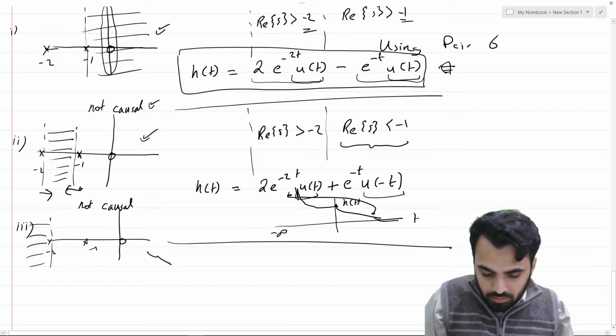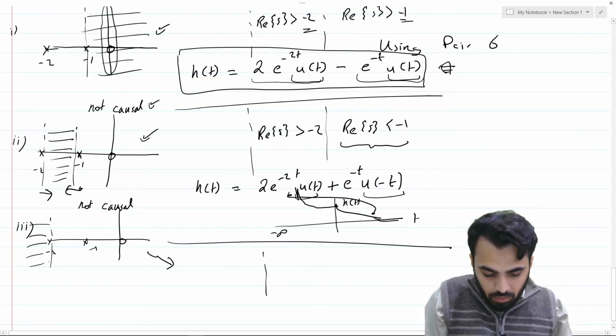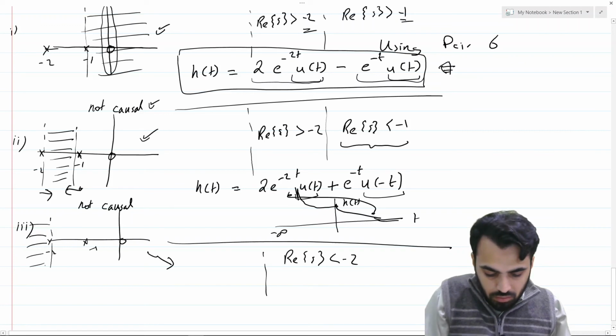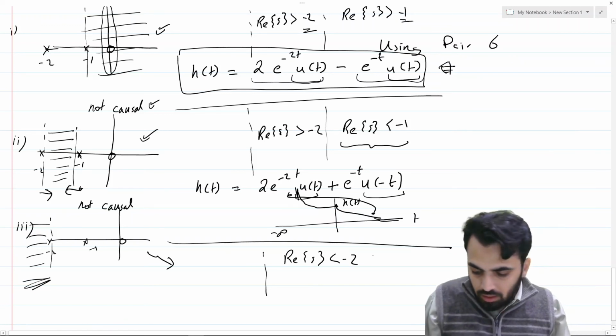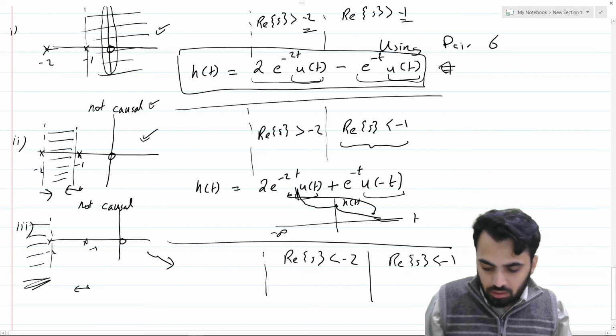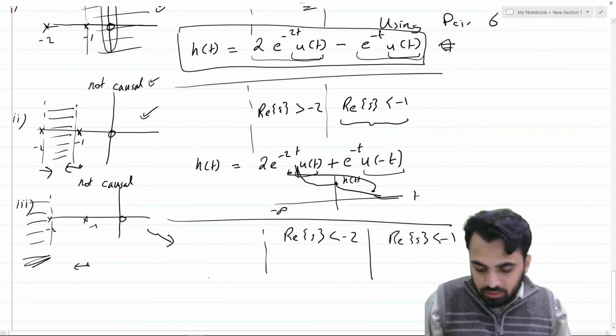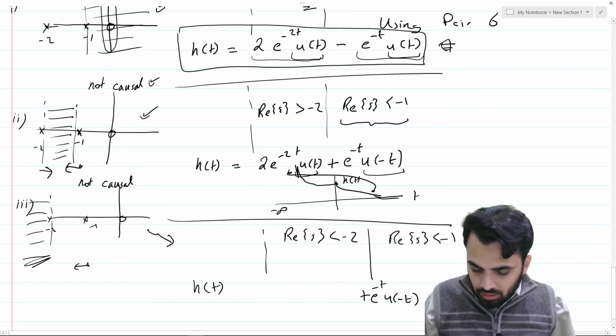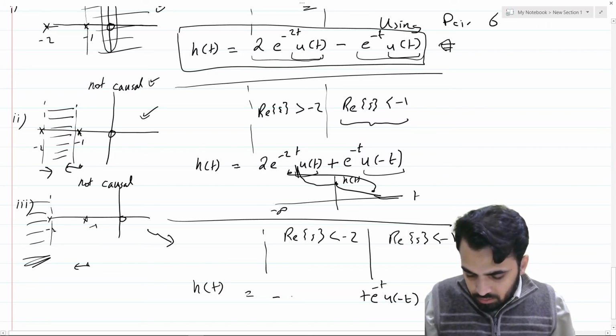Now for the third case, over here the real part of s would be less than minus 2 to have this ROC, and similarly the real part of s should be less than minus 1, so it would be from here to the left. So in this case we would have plus e to the minus t u of minus t, and also minus 2e to the minus 2t u of minus t.